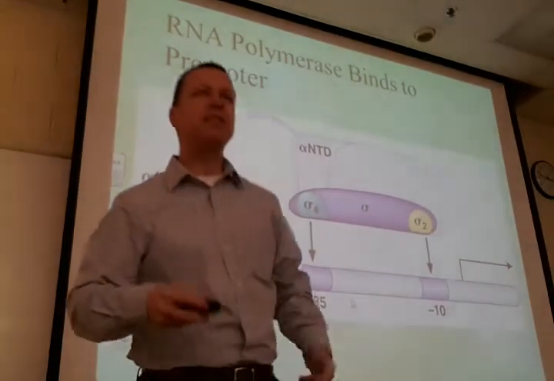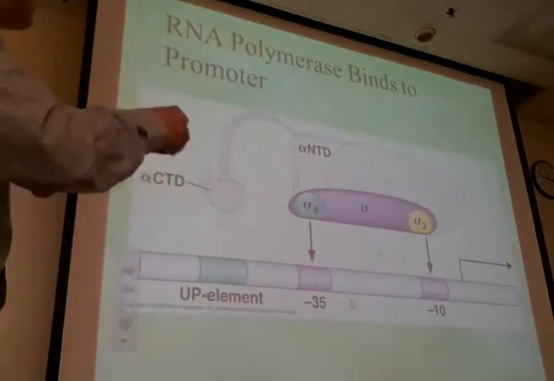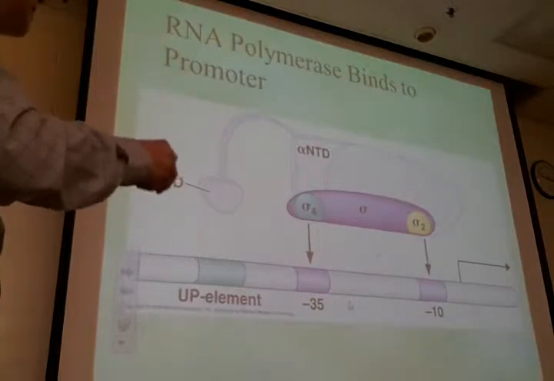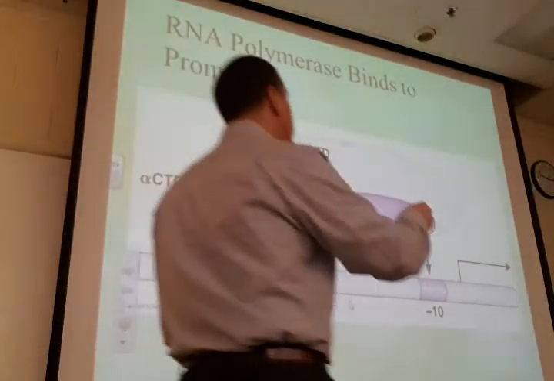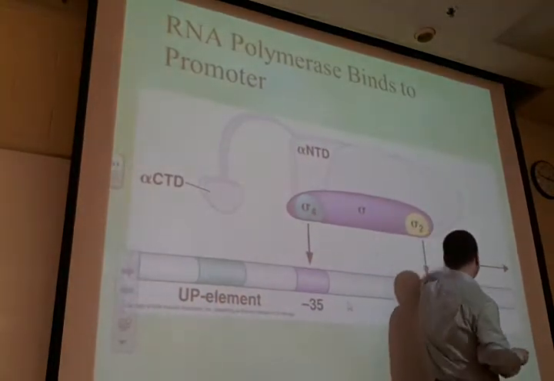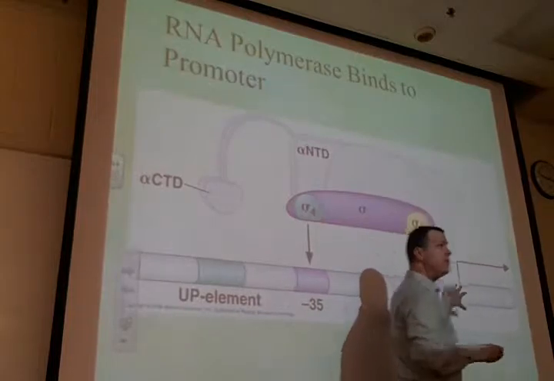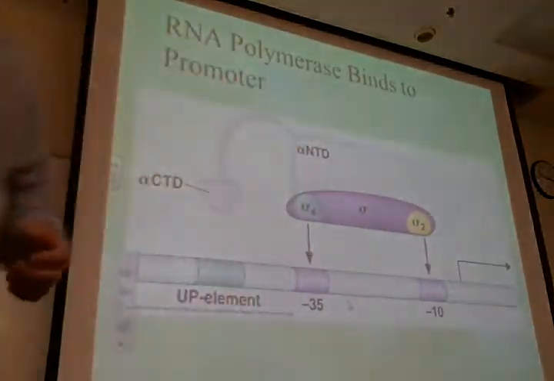Isn't that clever? Isn't that convenient? So there's a section that recognizes the -10 region. There's another section that recognizes the -35 region. And then the rest of the subunits are a little bit larger. So these are positioned in such a way that this overhangs the start site of the gene. So it's all kind of about size and location here.